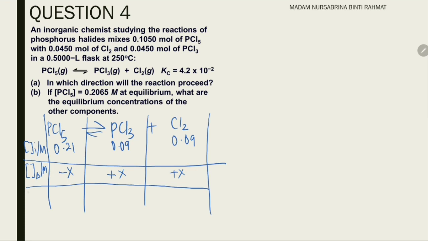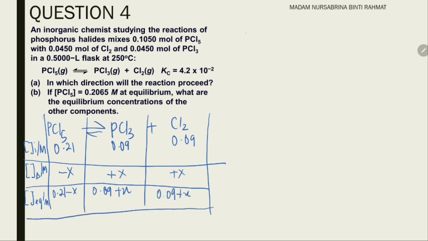Then to complete your ICE table, we need the equilibrium concentration in molar, which is simply initial plus change. So 0.21 minus X, 0.09 plus X, and 0.09 plus X.